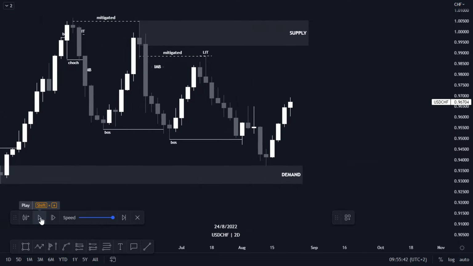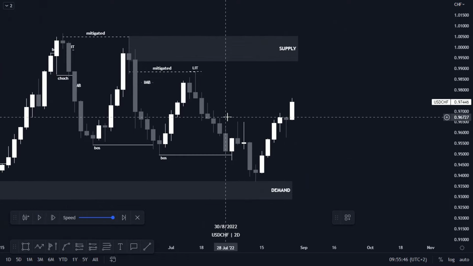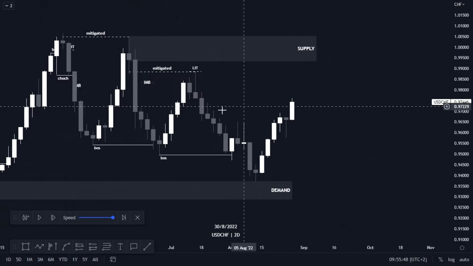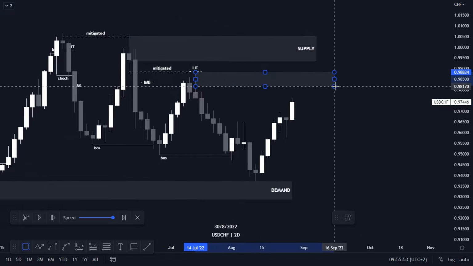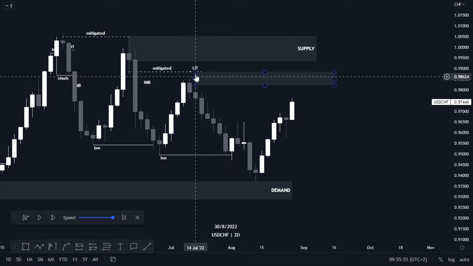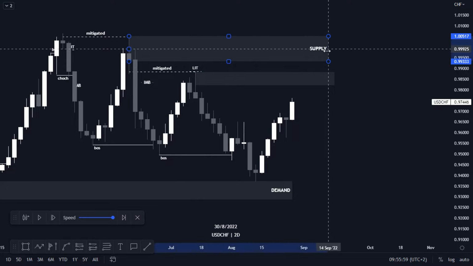The market pushes to the upside. Initially people will be expecting to take their shorts here, but mind you, there's still liquidity above this area, and there is a supply area here.